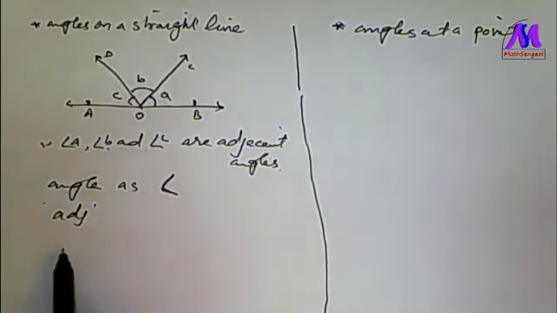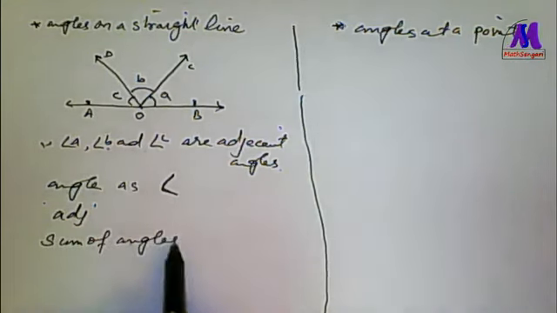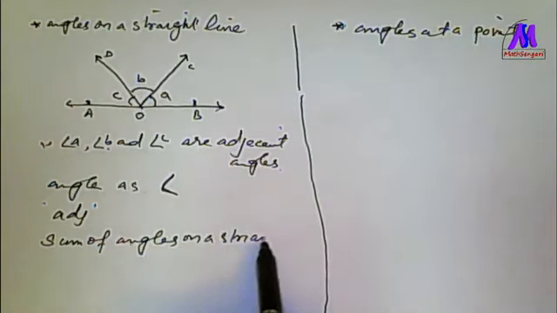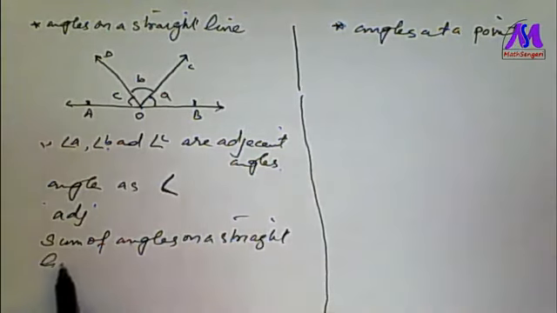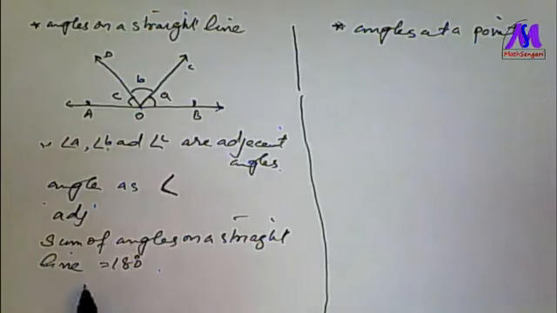So it means the sum of angles on a straight line is equal to 180 degrees. Mathematically, from the above example, angle A plus angle B plus angle C will be equal to 180 degrees, and mathematically we can define the adjacent angles on a straight line.